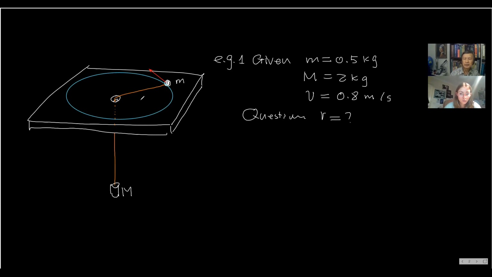R is the radius, the trajectory of this circular motion. Do you want to try? If you can solve this problem, then I know you understand this particular topic.